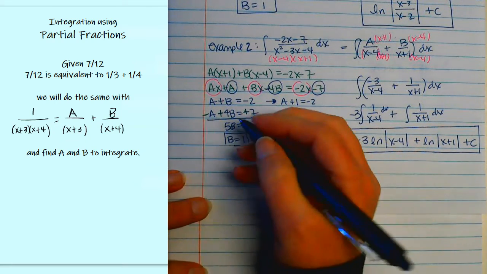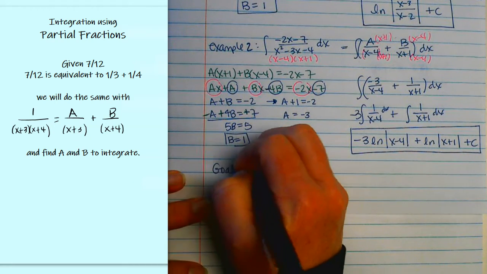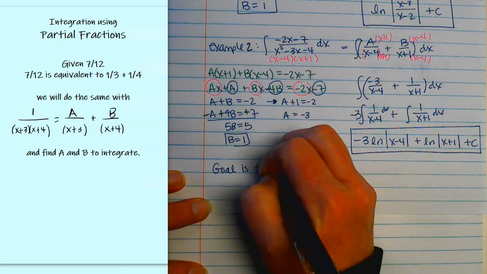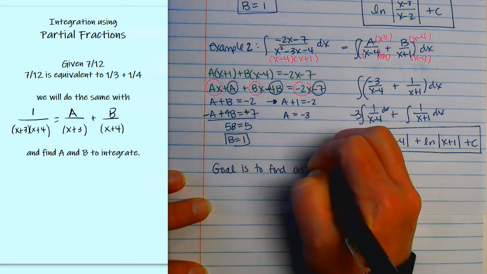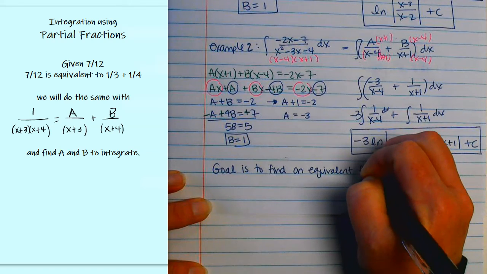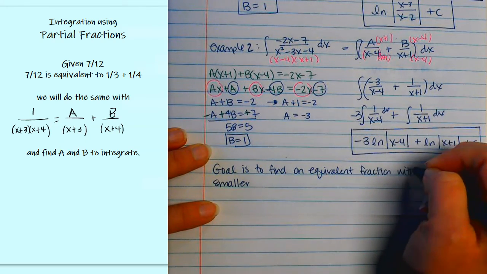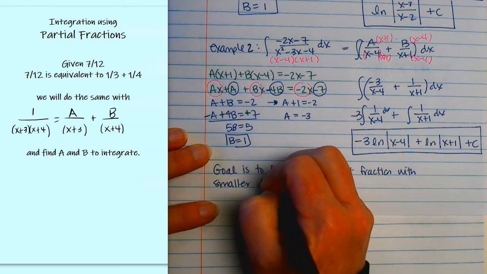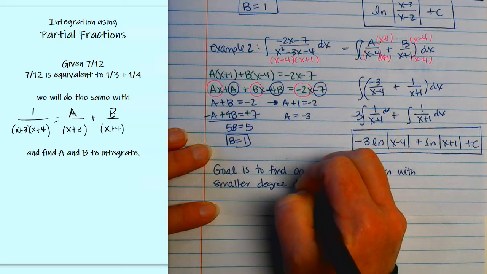So what's our goal here? Our goal is to find an equivalent fraction with a smaller degree denominator.